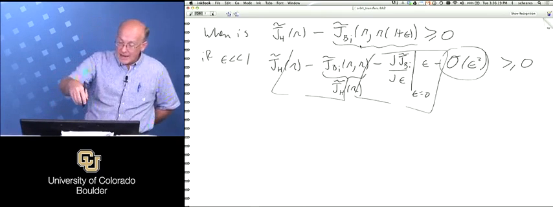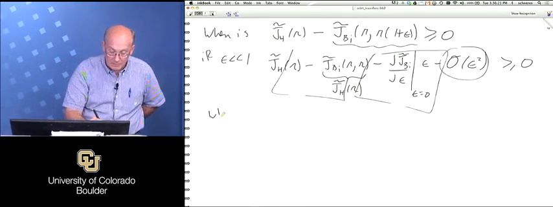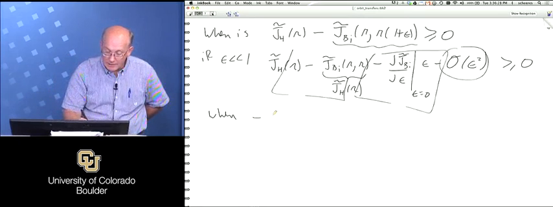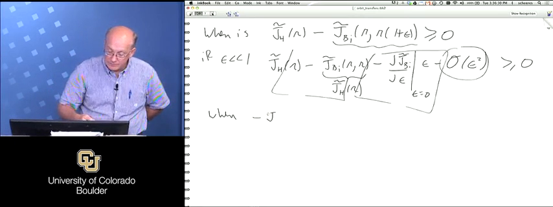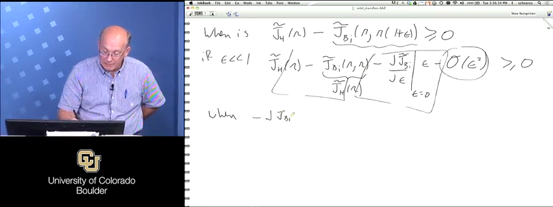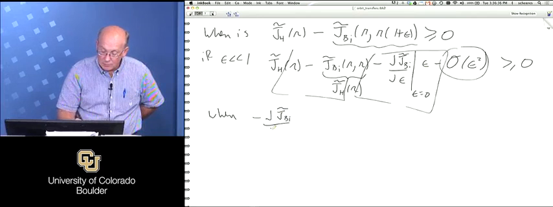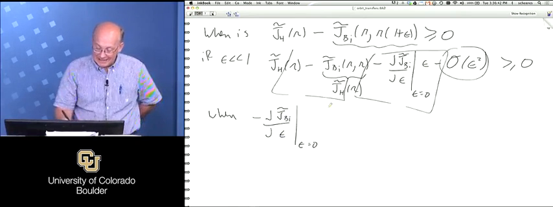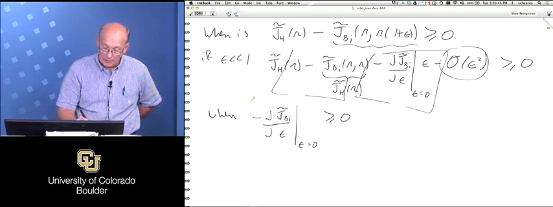So this is going to happen when epsilon is positive but small. So it's going to happen when the negative of the partial of this bielliptic function with respect to epsilon evaluated at epsilon equal to 0 is greater than or equal to 0.